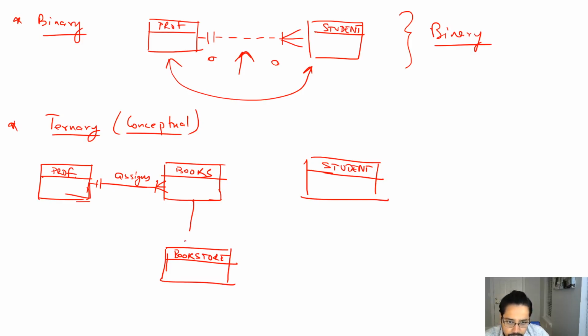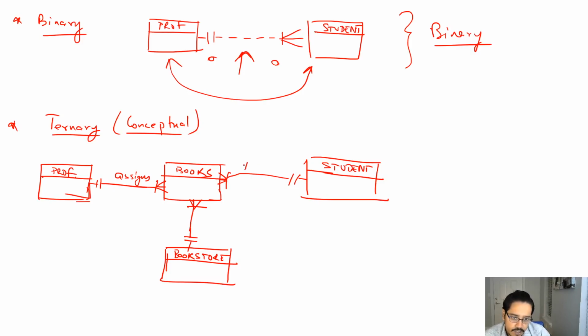So let's say we only have one Barnes and Noble, right? Yeah. So this will have multiple books. Okay. And then students, so this will go in this direction as well. So students will loan different books.